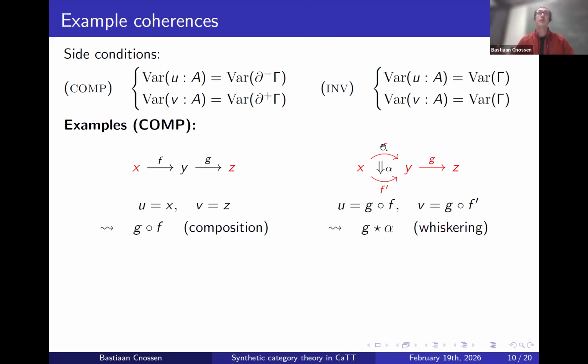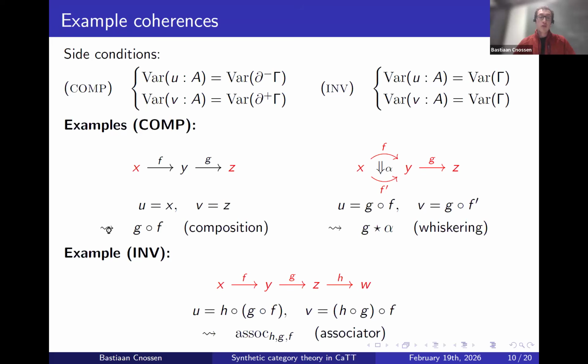But I could also take G composed with F, composed with the identity of X, for example. This also uses up all the variables. So U and V satisfy all the assumptions, and then this rule comp applies, and it gives me another coherence that I'm going to call G star alpha, the whiskering of G with alpha.